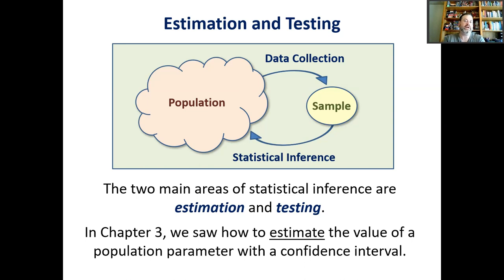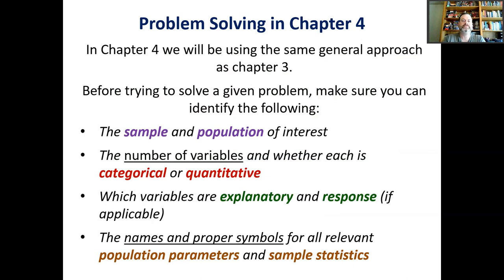Instead of an unknown value, it's assumed or presumed to be some particular value. And then we use sample data to determine whether that hypothesized value makes sense or not based on the sample data. So it's 2 very different ways to approach it. All right, let's see how this works.